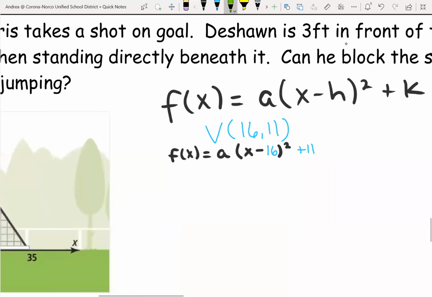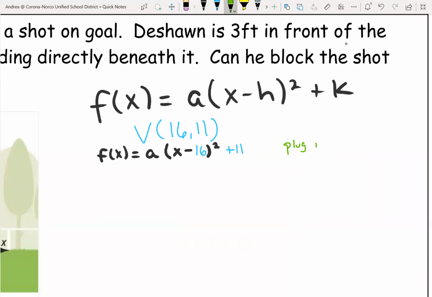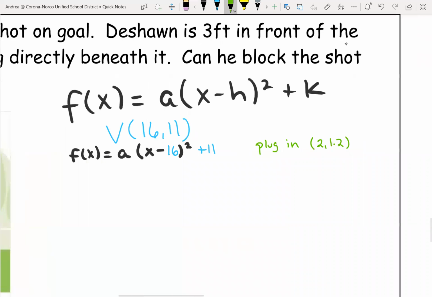We replace the x and the f of x with 2 and 1.2.